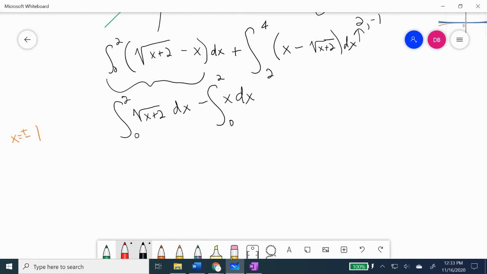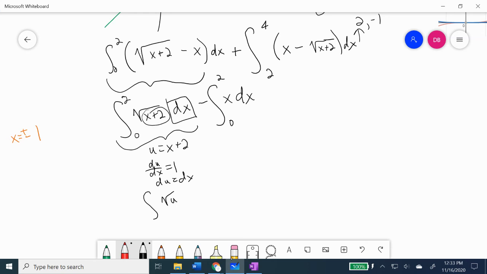When I set up my u sub, I want it to be x plus 2. That makes du dx equal 1, so du and dx are equal. But mind you, I'm only doing it on this integral, not the other one. So this integral turns into the square root of u times, replace the dx with du.